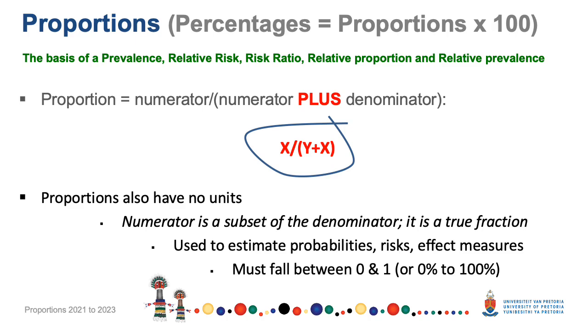This is a true fraction because the numerator is also present in the denominator. Just as another point, proportions must fall between 0 and 1. They cannot be negative and they cannot be greater than 1. If you're expressing them as percentages, they must fall between 0% and 100%.